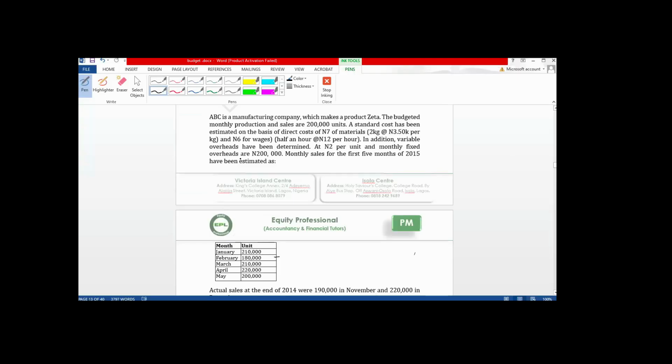Monthly fixed overhead. Monthly, every month. Our monthly fixed overhead is 200,000 naira. That means in the month of January, 200,000. In the month of February, 200,000. In the month of March, 200,000.